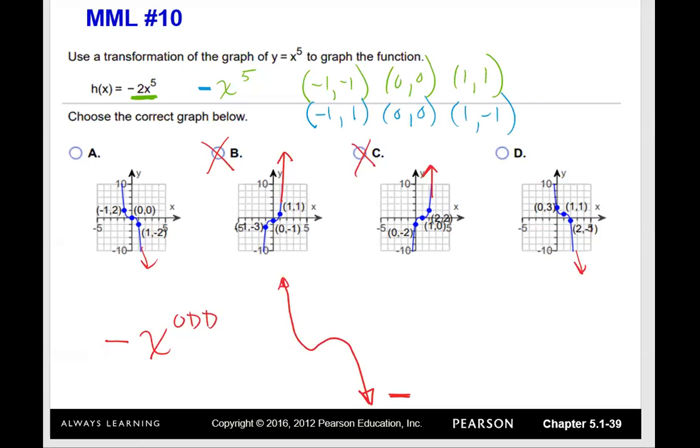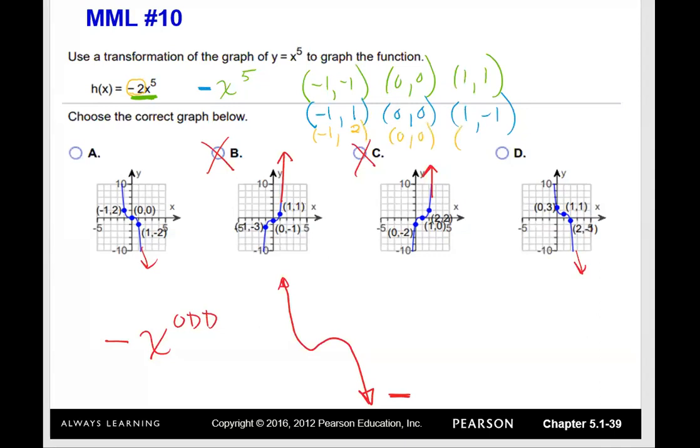But because you've got this coefficient of -2 multiplied onto that, when x is -1, it's going to be 2. This will still be 0, 0.